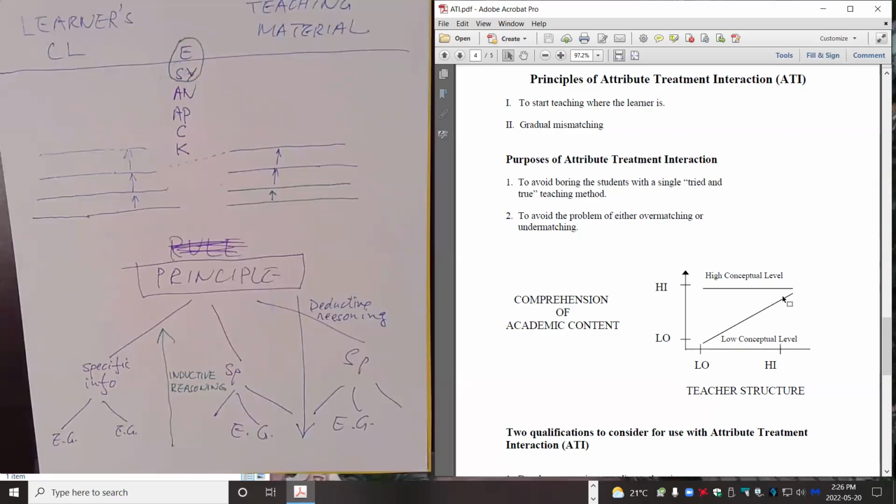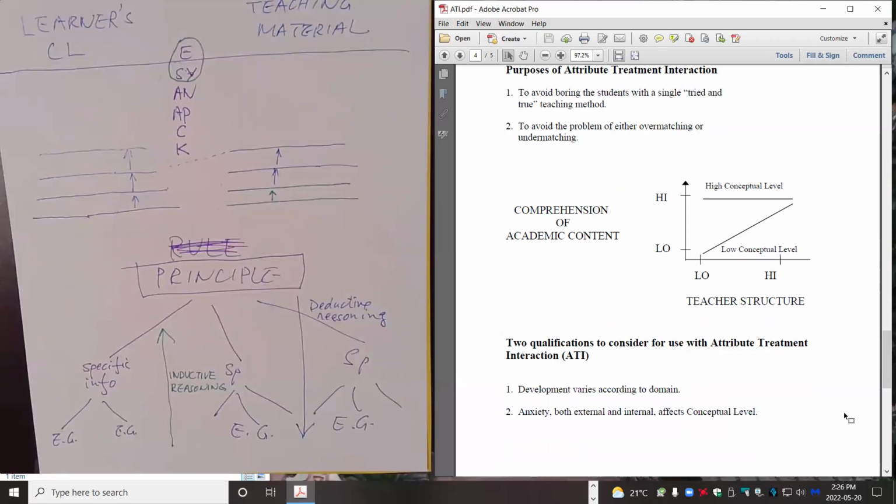Now, this is the line for low CL students. This is the line for high CL students. So take a look here. Low CL students, comprehension of the content low.